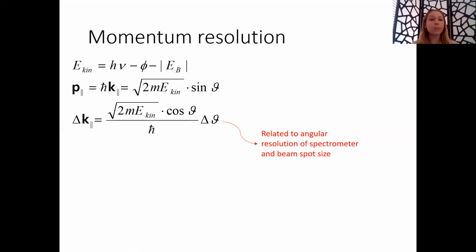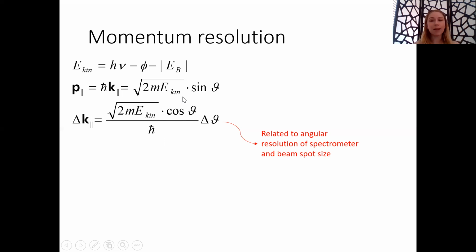So if you want to make momentum resolution smaller, there are several ways to do this. One is to use lower photon energy, and this is a big advantage of low photon energy. Another way is to go to higher angles where the cosine of the emission angle is smaller.